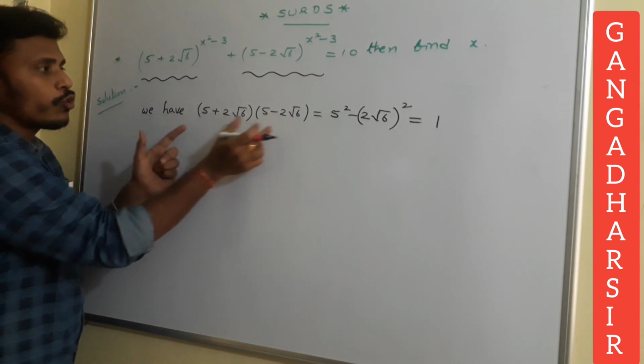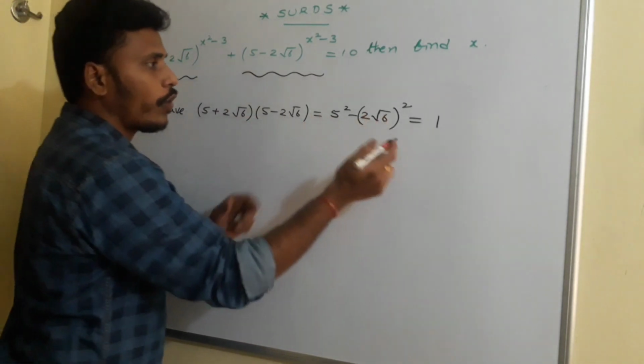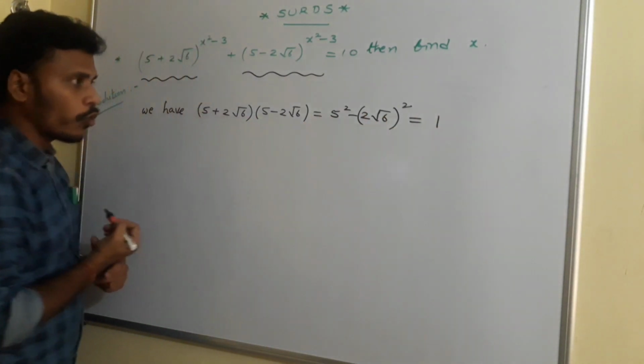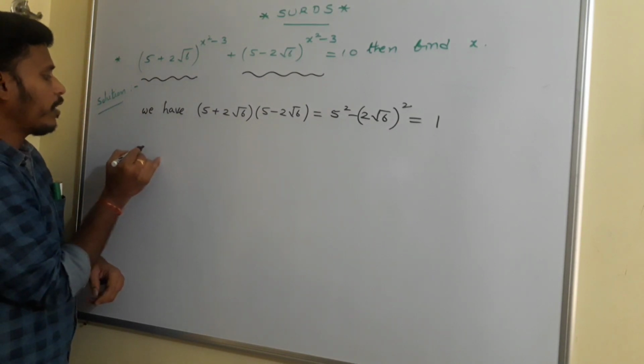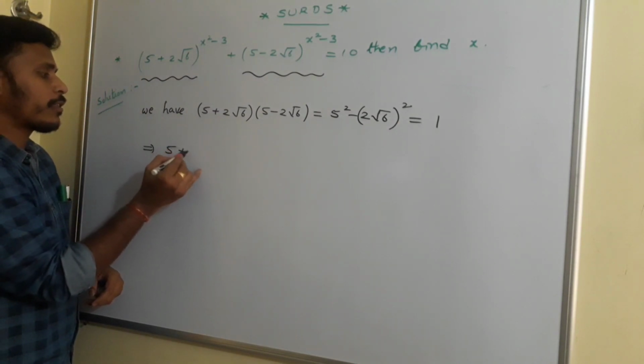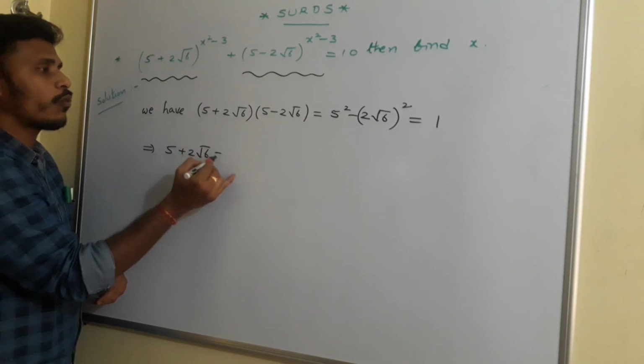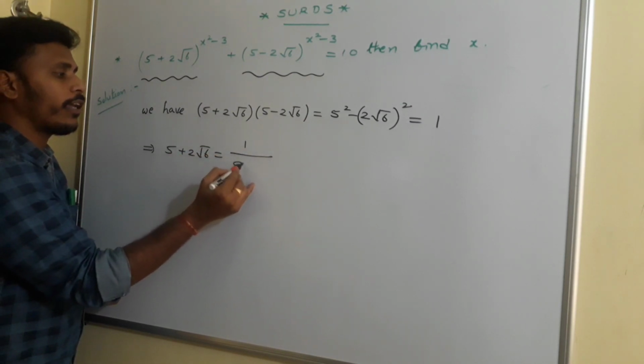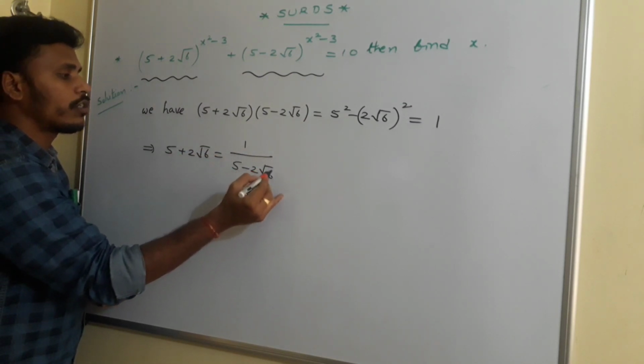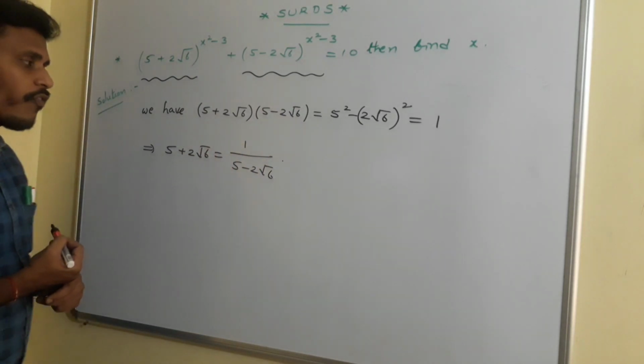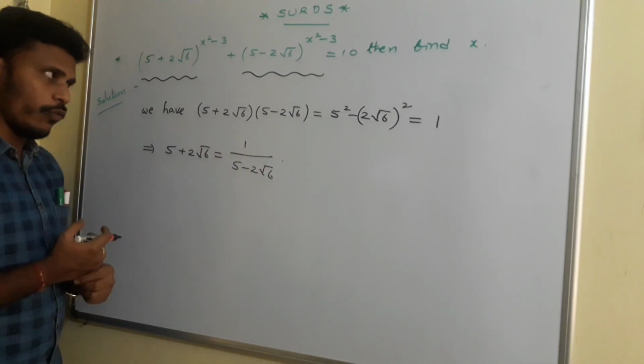Since (5 + 2√6)(5 − 2√6) is 1, we conclude that 5 + 2√6 = 1/(5 − 2√6). Is it clear? If it is clear, I will continue from here onwards.